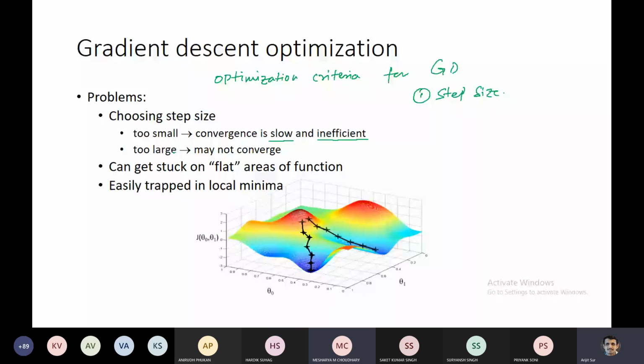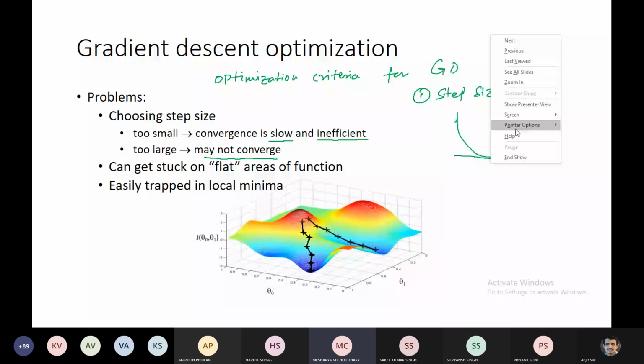So what I think you remember, if it is a convex kind of thing and the step size is too small, it goes this way, so it is very slow.